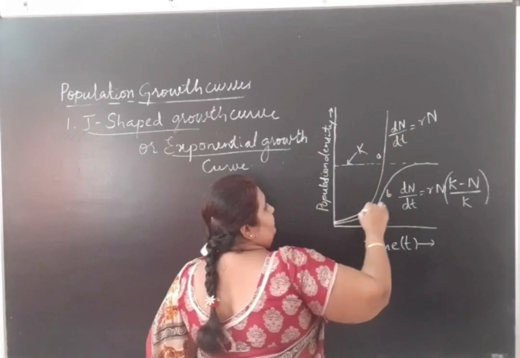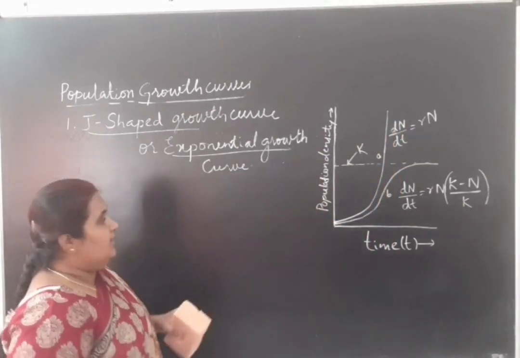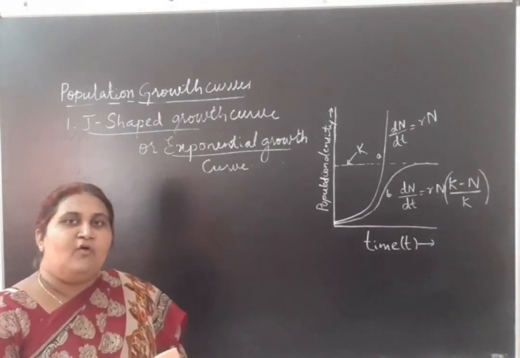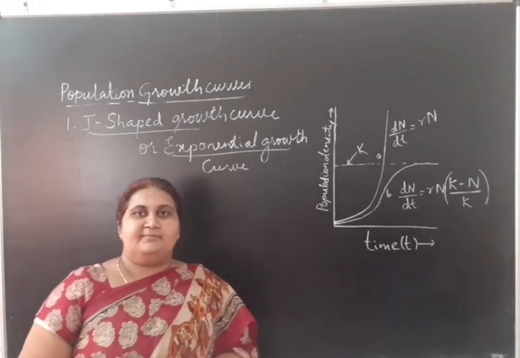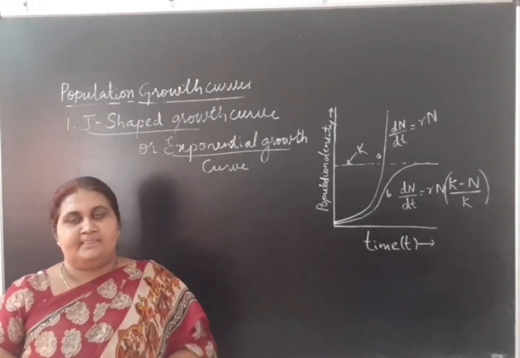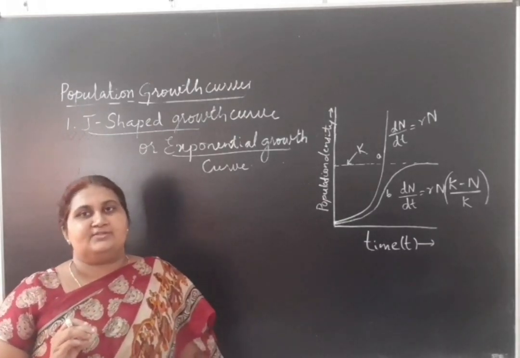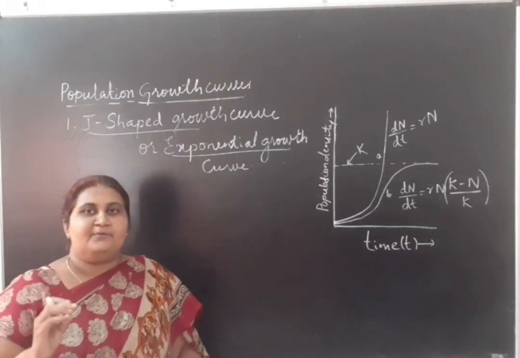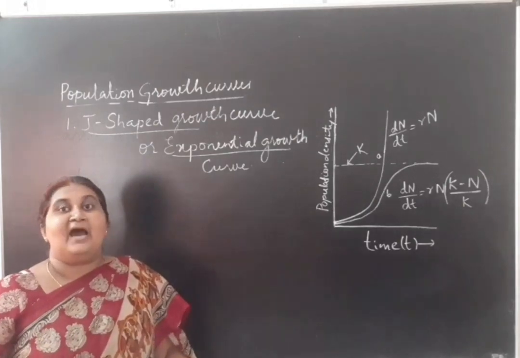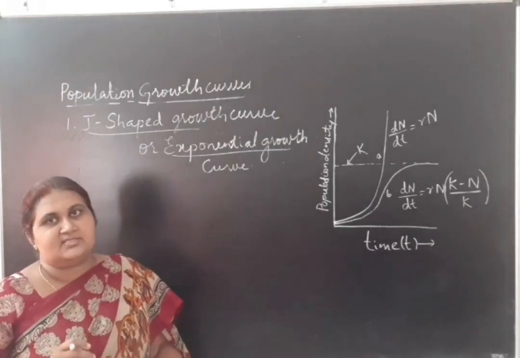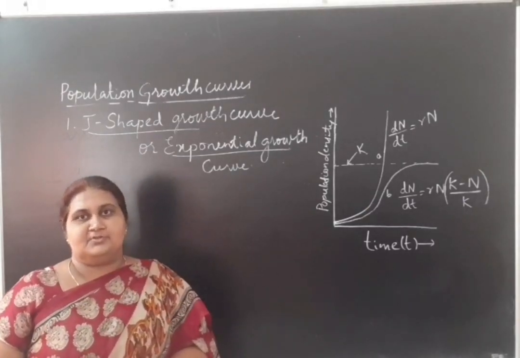The growth curve appears like the English letter J. For any population to show the J-shaped growth curve, it should get plenty of unlimited natural resources. Only then does it show the exponential J-shaped growth curve.